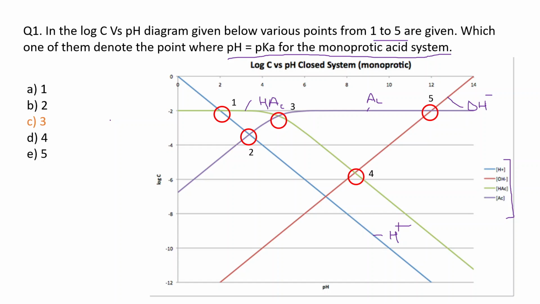So the solution is option C, this one. Where will pH be equal to pKa? In the acetic acid system, this is pKa.